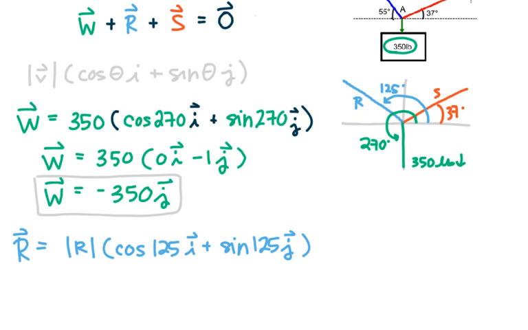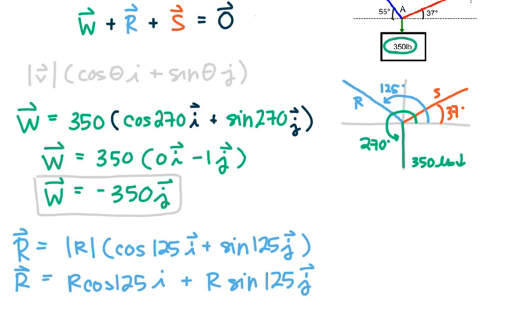Now in this situation, these are not angles that we know on the unit circle, so I can't just directly simplify it. Now, I do know my R is going to be positive, so I'm not going to write these magnitude bars for the remainder of this problem. I'm just going to call this R. And I'll go ahead and distribute that. So I'll think about my R vector as being R cosine 125 i plus R sine of 125 j.